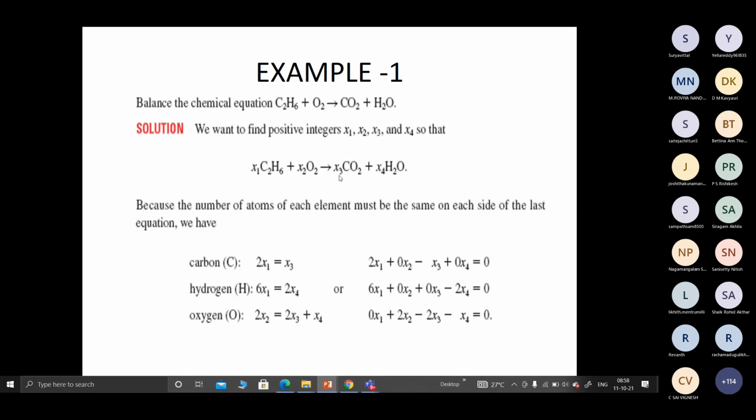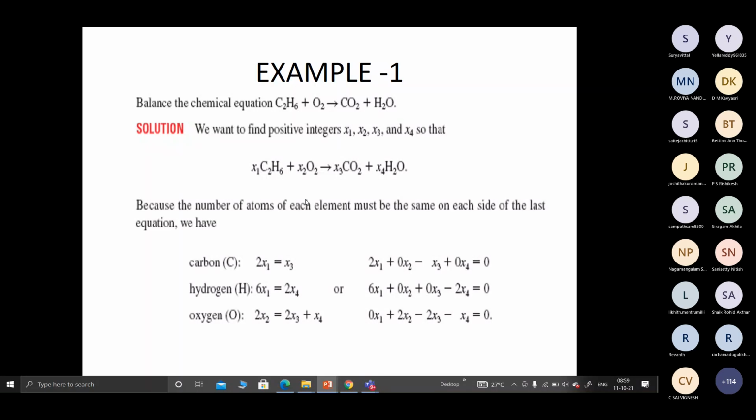No, carbon, C is here. So its coefficient will make so many carbons here. Before that, whatever number, it should be multiplied by C, no? Here it will be x1 into 2, 2x1. So carbon should be 2x1 on the left side, and x3 on the right side.